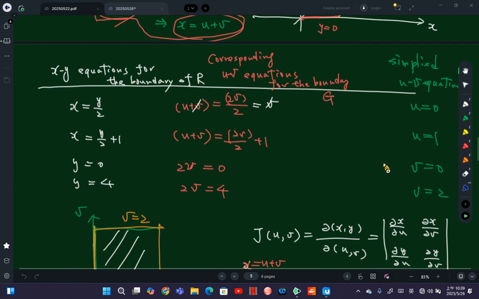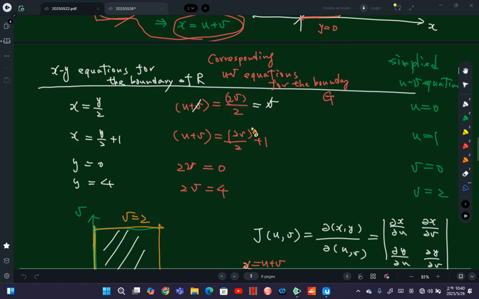Similarly, you can do the same operation on the remaining three boundaries. For example, x is equal to y over 2 plus 1. When you encounter x, please use u plus v. When you encounter y, please use 2v.